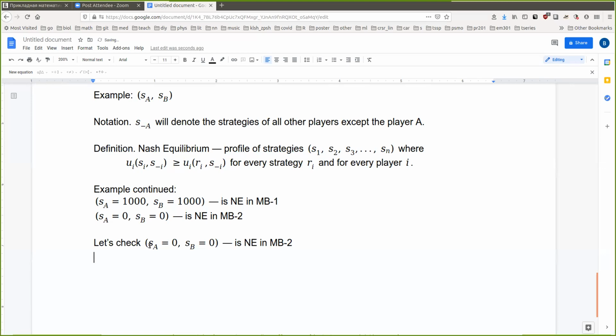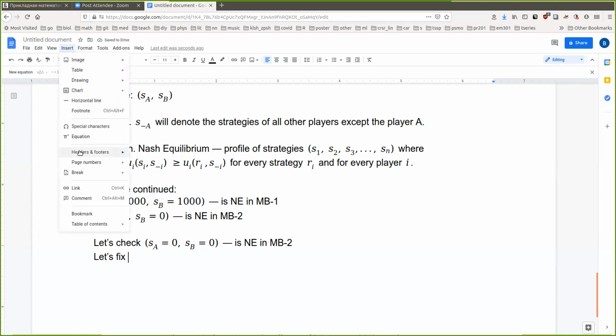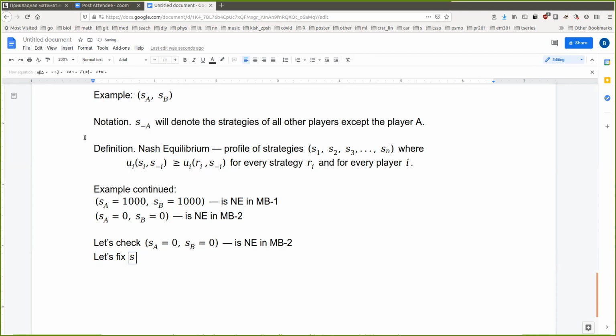And now we will consider something more interesting. So let's check that. Okay, so first we fix the strategy of the second player. Let's fix S_A equal to 0.